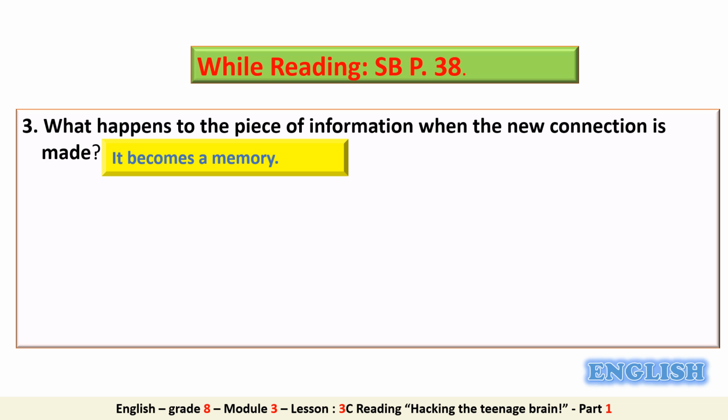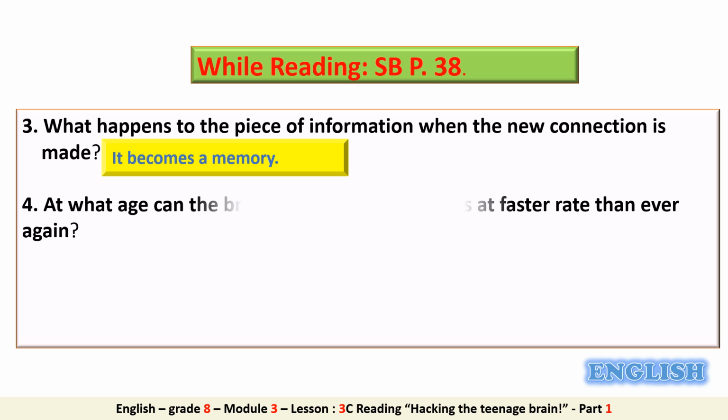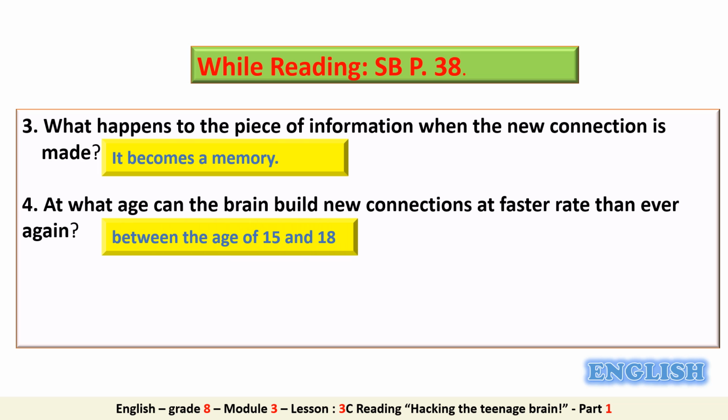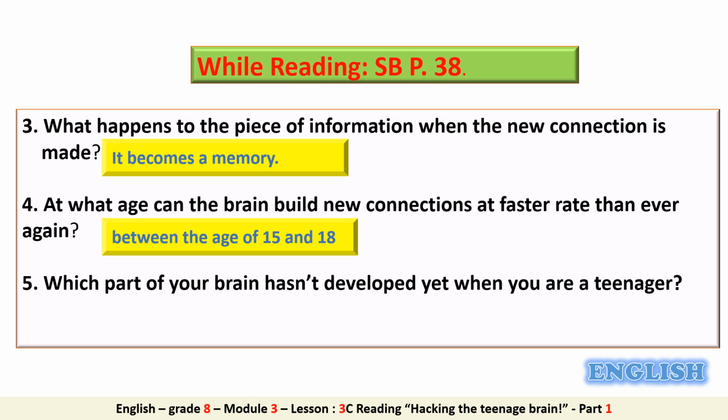Well, it becomes a memory. 4. At what age can the brain build new connections at a faster rate than ever again? Between the age of 15 and 18. 5. Which part of your brain hasn't developed yet when you are a teenager? The front part.